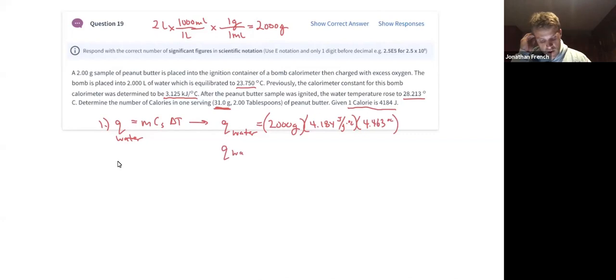So the heat that the water absorbs is 2,000 times 4.184 times that, right, which is about 37,346 joules.